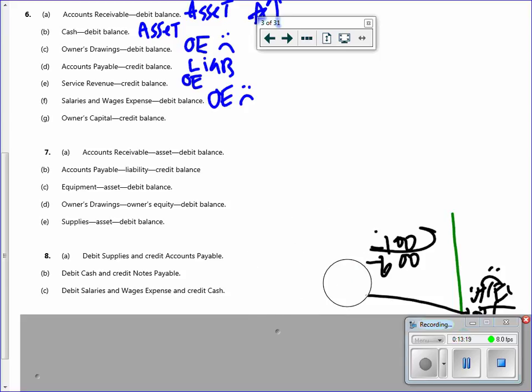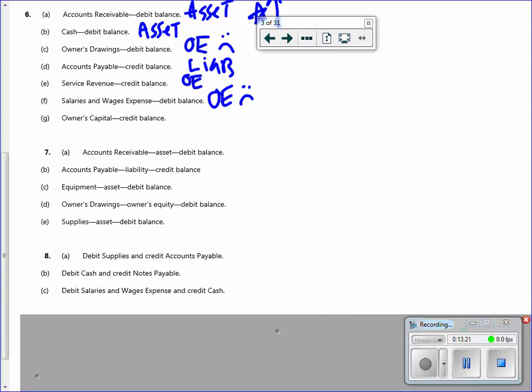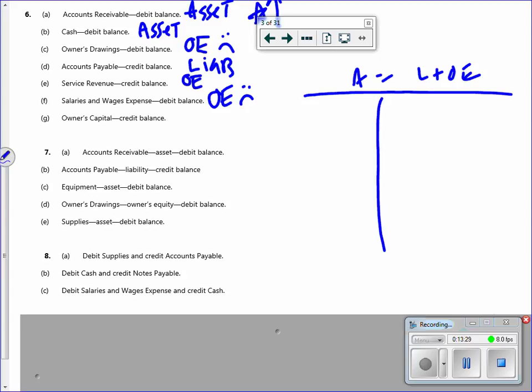What do we have going on in number 8? It's harder to do it this way. When you make the giant T, it's way easier because you see the left and the right. To have to write it out like this is a little harder.